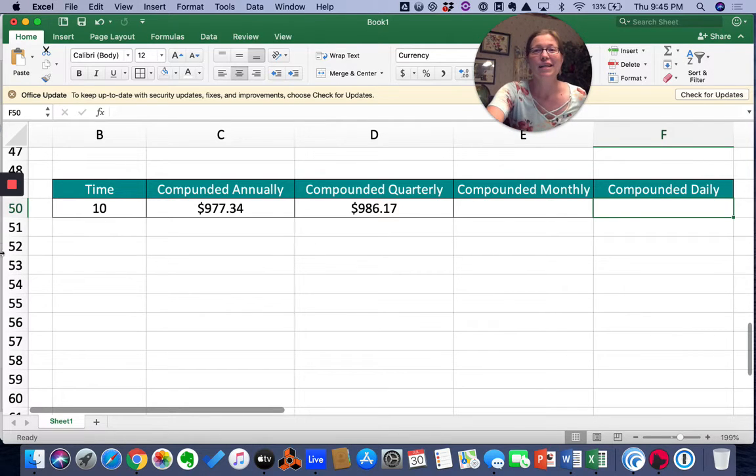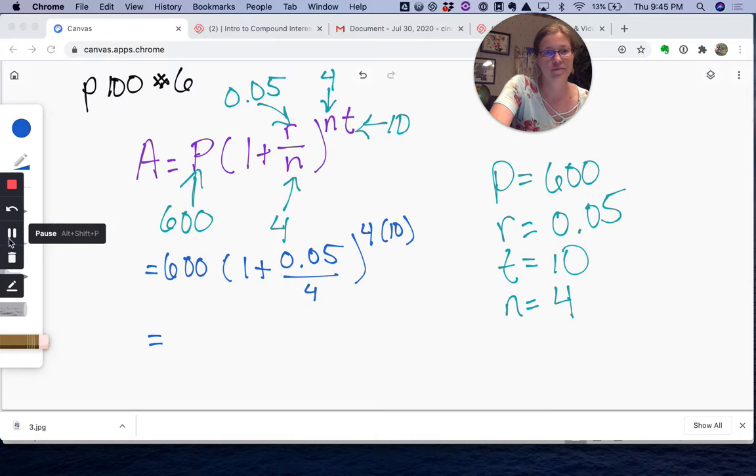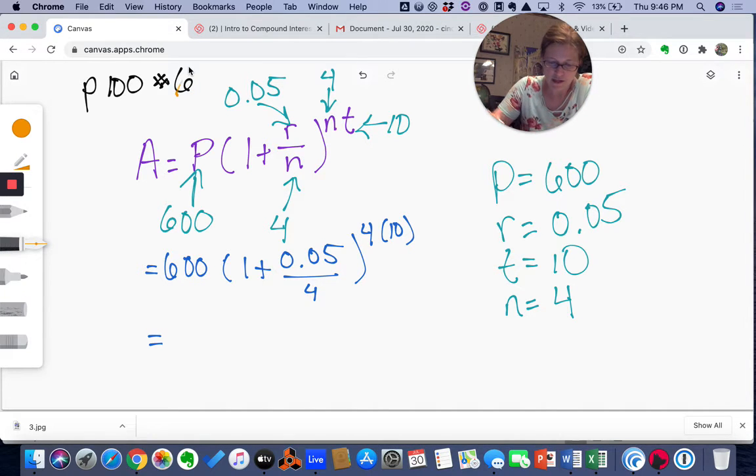So let's try it. So if we figure it for compounded monthly, so now we're working on number 7. The only thing that's going to change is the number of times that it's compounded in.